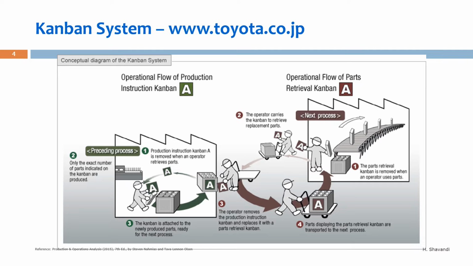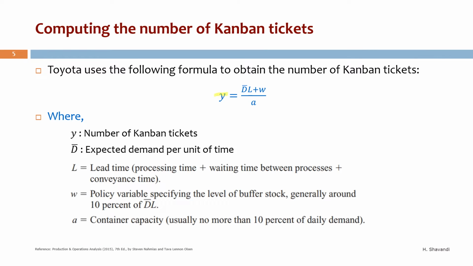This is the formula that Toyota uses to obtain the number of Kanban tickets. D bar is the expected demand per unit time. L is the lead time, including processing time, waiting time between processes, and conveyance time. If we multiply D bar by L, that is the expected demand during the lead time.